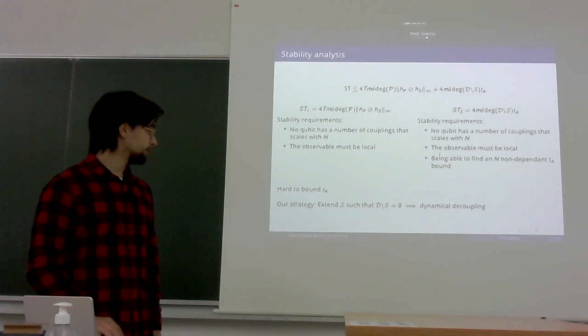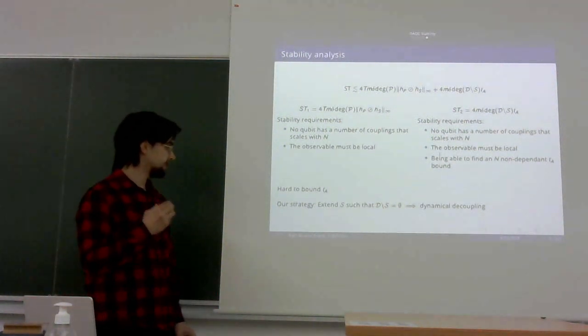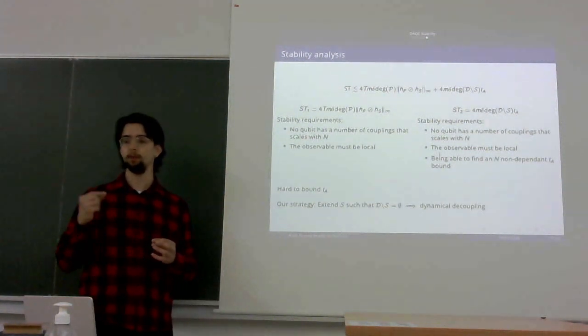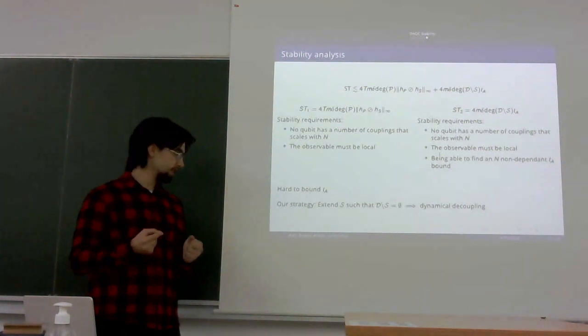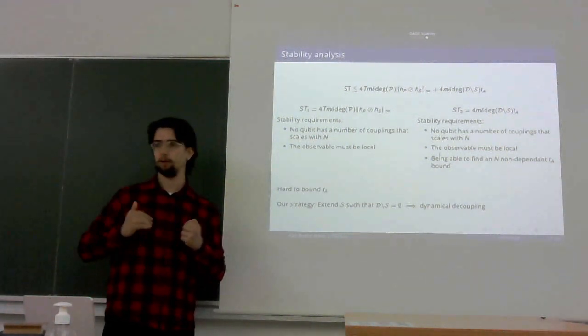So what we are going to do here, our strategy to reach stability, is to extend the source Hamiltonian. This means all the couplings that we are taking into account, such that we are going to have all the errors taken into account.